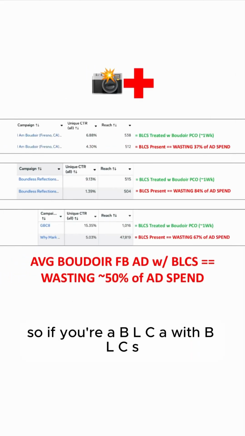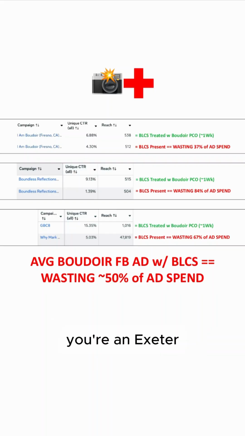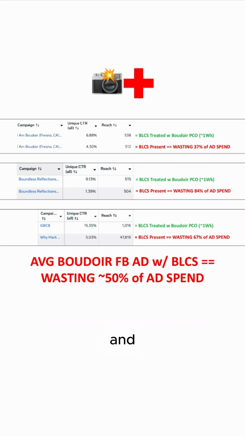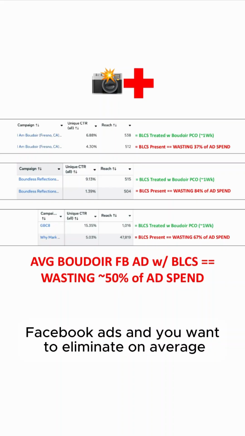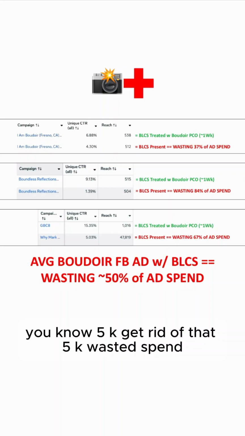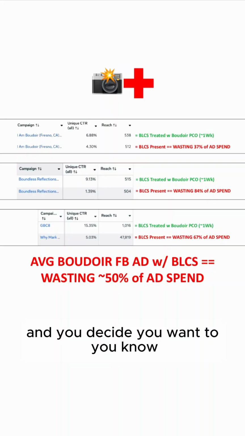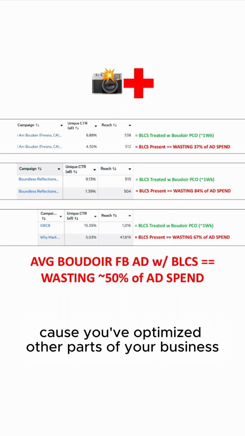So if you're a BLCA with BLCS, a Boudoir low click advertiser with Boudoir low click syndrome, your unique CTR on all of your Boudoir Facebook ads is under 6%, and you're spending more than 10 grand a month on Boudoir Facebook ads, and you want to eliminate on average 5K of wasted spend and put that back in your pocket, which would be approximately 60K over the next 12 months. And you've decided you want to pull this profit out from the Facebook ad side of your business, plug those leaks because you've optimized other parts of your business.